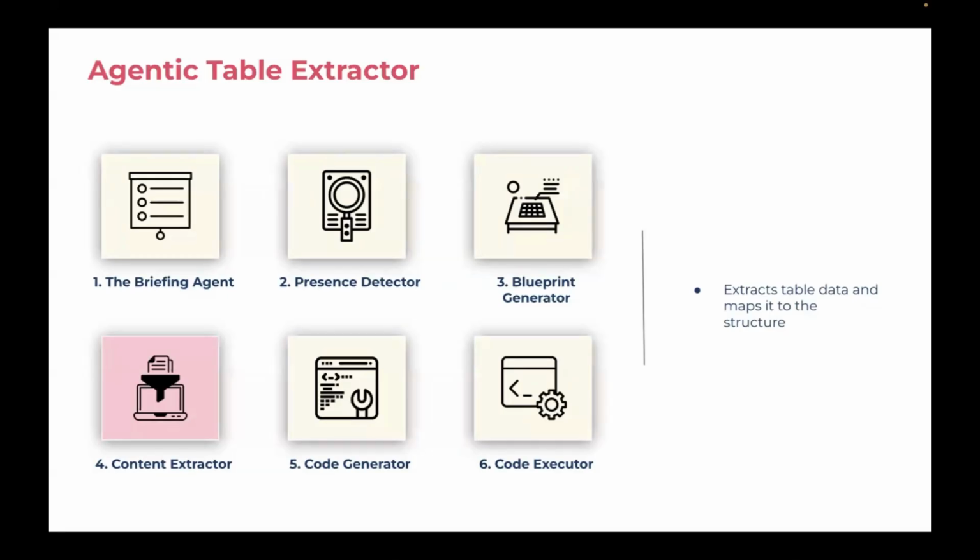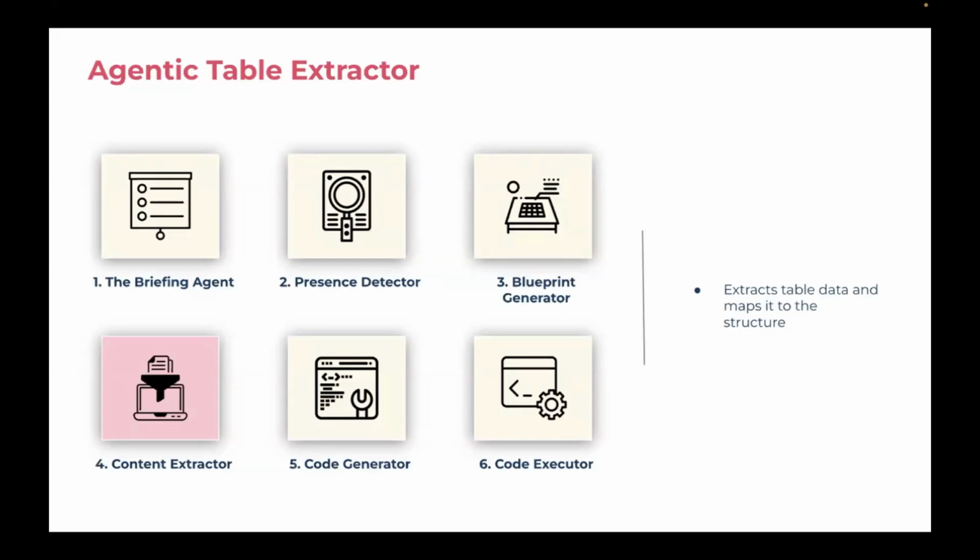At this point, if you do not have a specific format in which you want to extract the output from this table, this is the last step. It puts it into this blueprint and it immediately goes in for extraction. In case you have a specific output in mind, you want the output to be structured in a specific way, that's when the last 2 agents in the extractor kick in, that is your code generator and code executor.